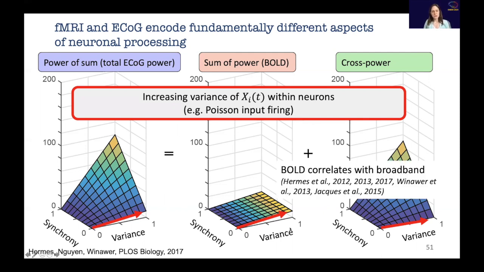And this is what we observe if we think that the broadband signal we measure with ECOG is related to Poisson input firing. BOLD has been correlated well with broadband in motor cortex, in visual cortex, in language regions, in ventral temporal regions. So we see that BOLD correlates with broadband, and that may be the case because synchrony does not play a large role in this particular signal.